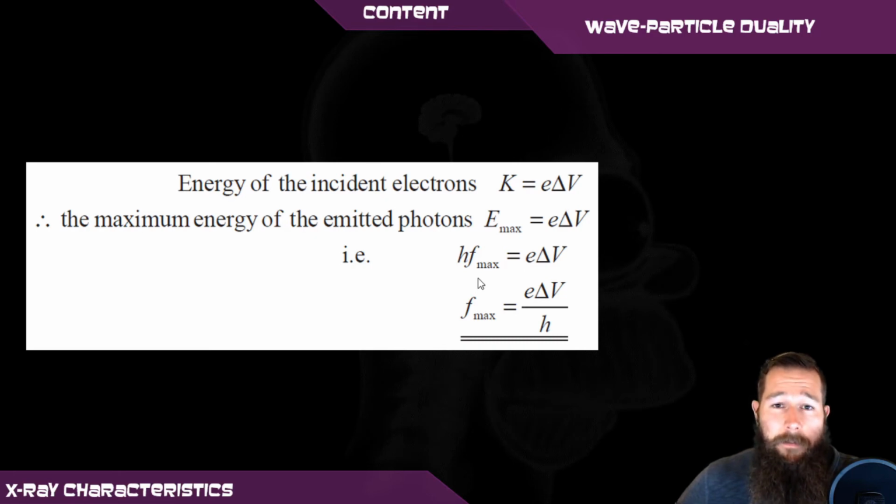Now, as the energy of a photon is given by hf, this can be rearranged, and you can find the maximum frequency of that photon is this equation here. And you can see it depends on the charge on the electron, Planck's constant, but most importantly, the very high voltage of the X-ray apparatus.